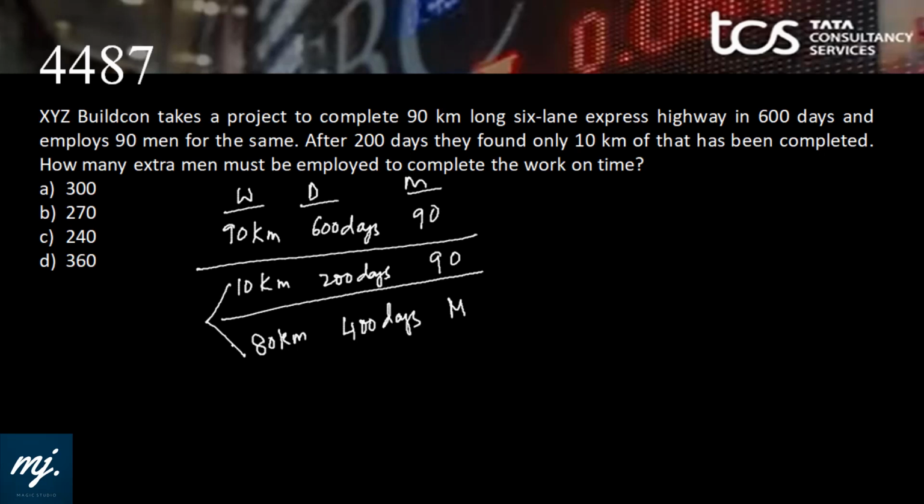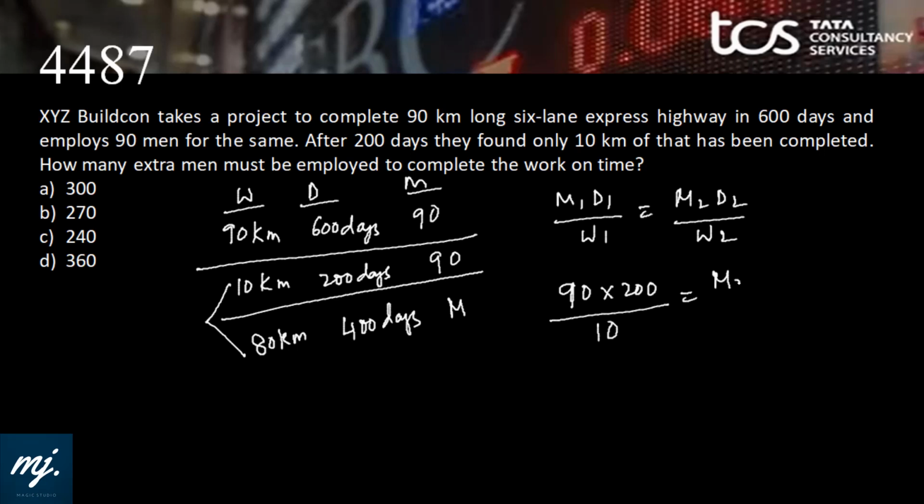So on these two data, we can run our masala. M1 D1 by W1 equals M2 D2 by W2. I have used only D1 and D2 because here the R parameter is not there. So 90 men, 200 days, completed 10 kilometers. How many men will complete 80 in 400 days?